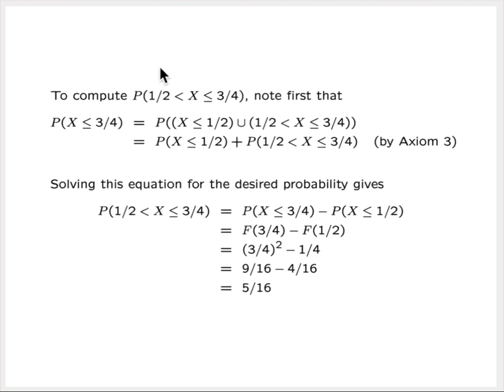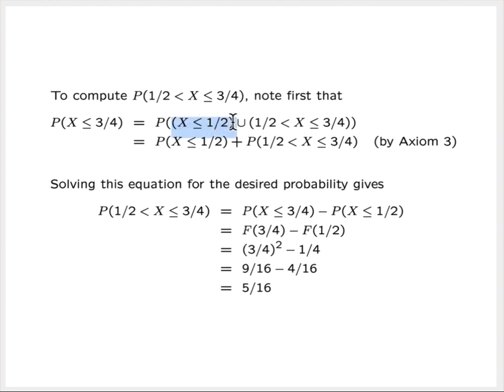Now, to compute the probability that x is strictly greater than 1/2 and less than or equal to 3/4, I want to point out this next statement. Note that the probability that x is less than or equal to 3/4 is equal to the probability of the union of two events.